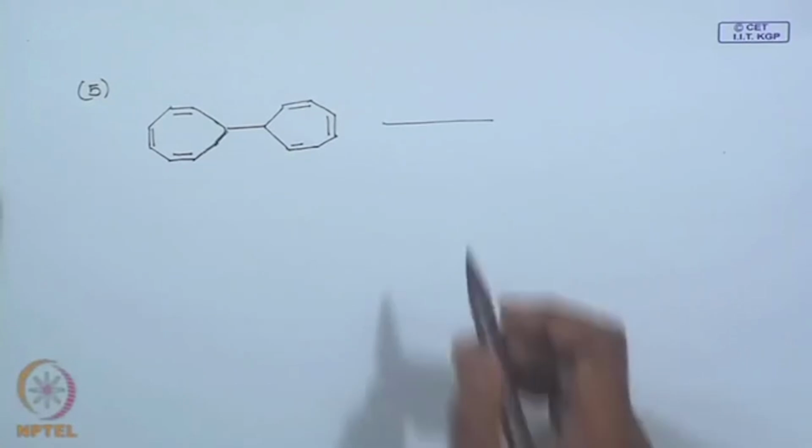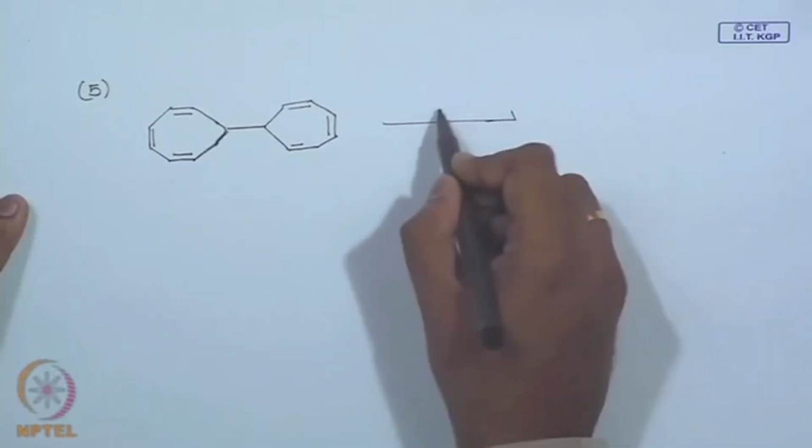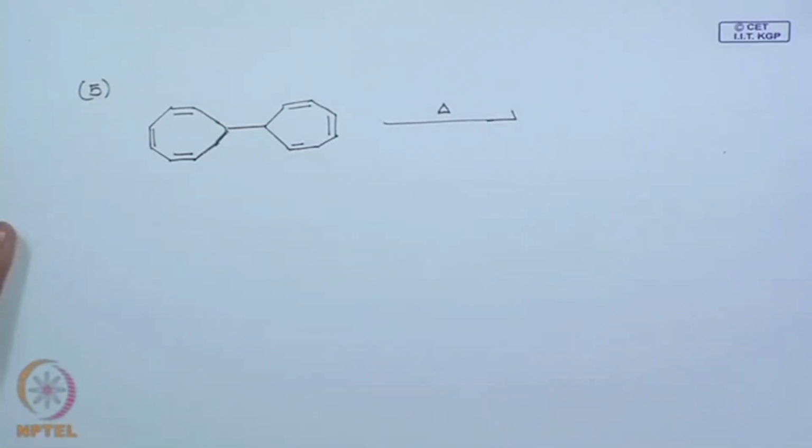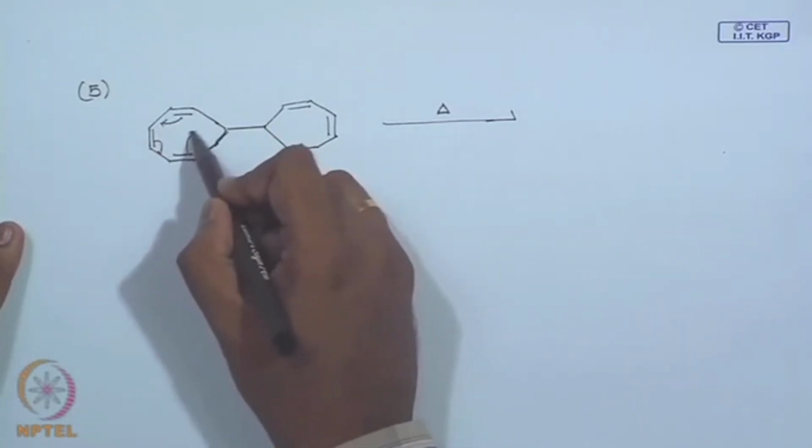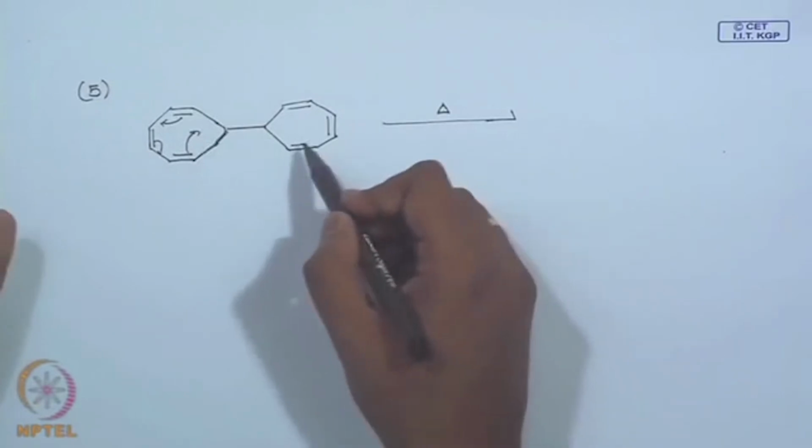So what happens here? If I take this molecule and heat it, what system is it? Yes, it's a 4n plus 2 ring closure, but it's two independent systems happening together, right?